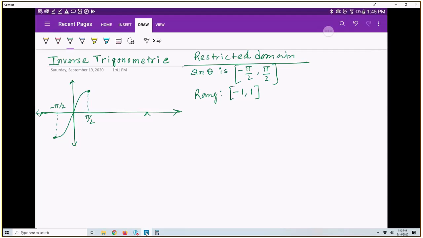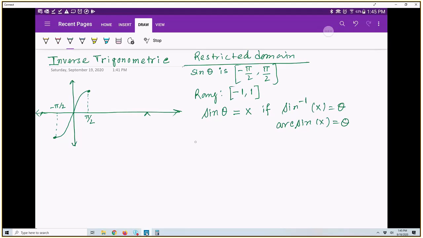The way we define the inverse trigonometric function, we say sine of theta is equal to x if and only if the inverse sine of x is theta. The way we write it is sine to the power -1, but we read it as sine inverse of x is equal to theta. There is one other way you can write it: arc sine of x is theta.